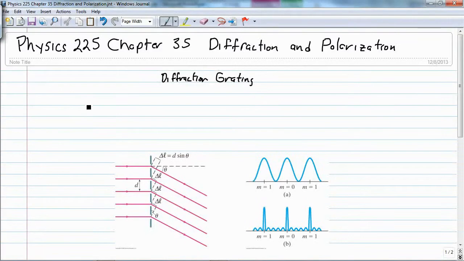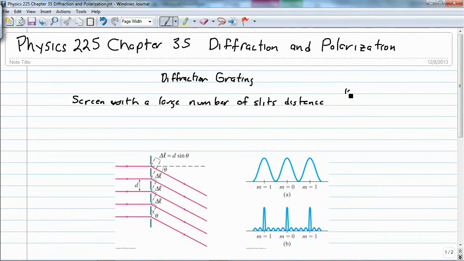A diffraction grating is a screen with a large number of slits per micrometer, per distance.